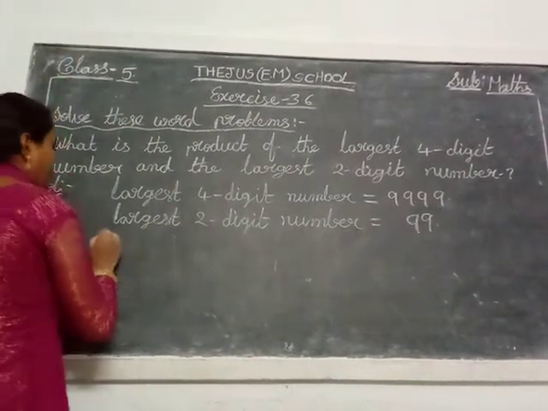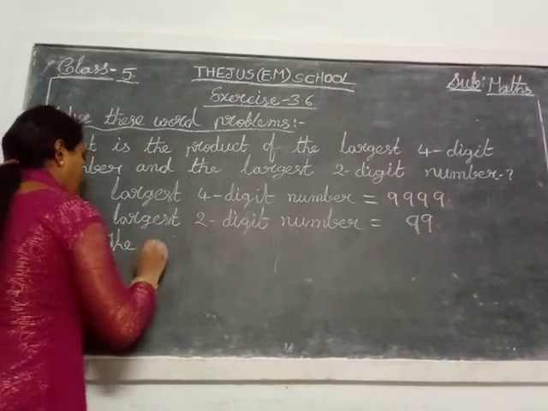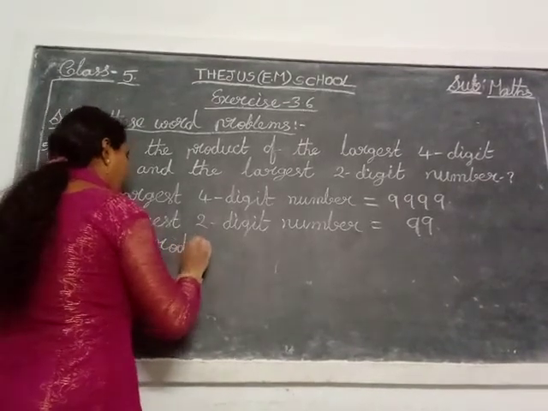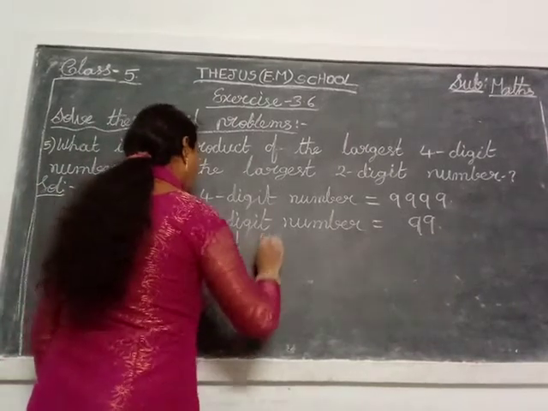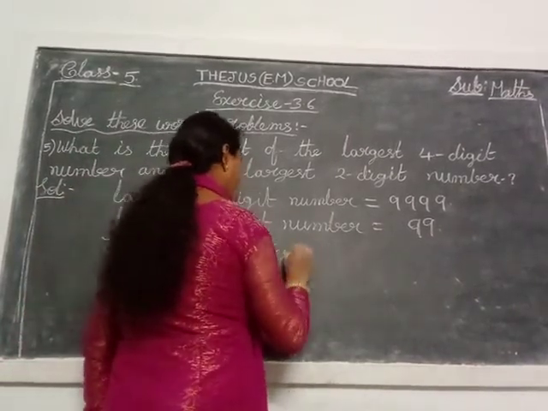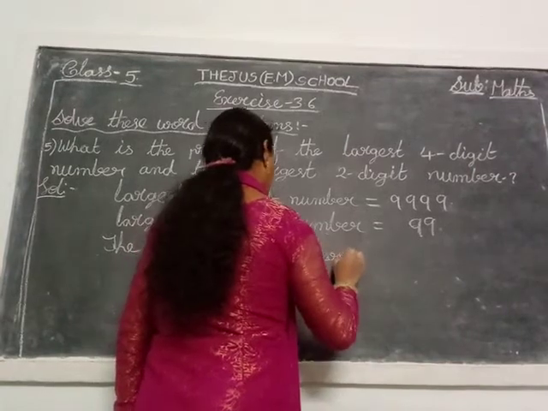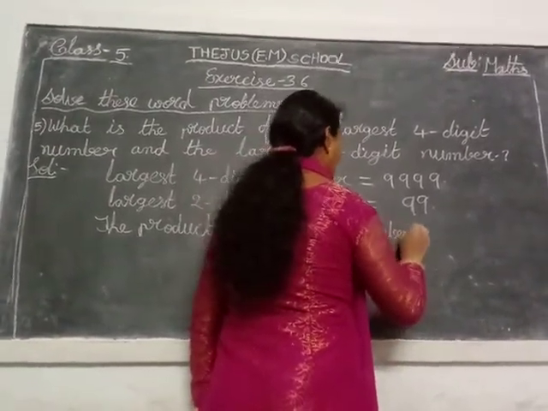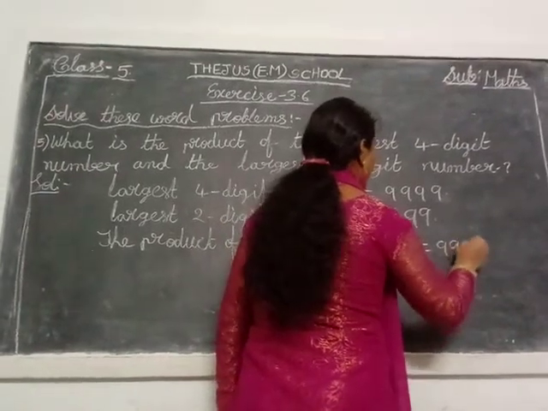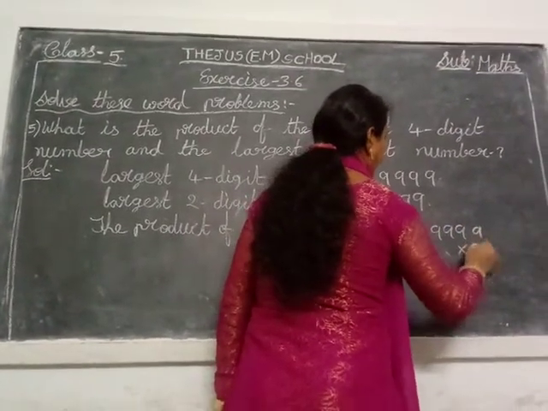So write here, the product of these two numbers is equal to 9999 into 99.